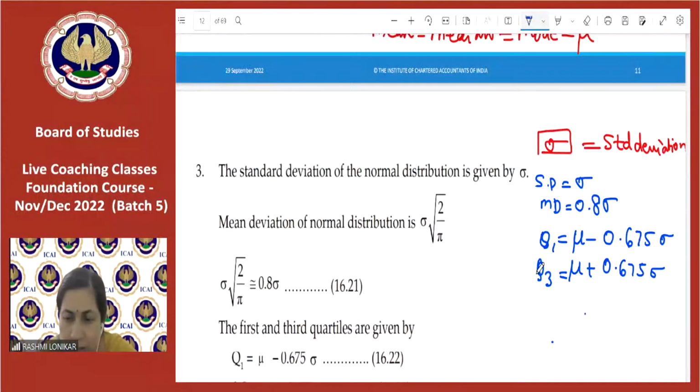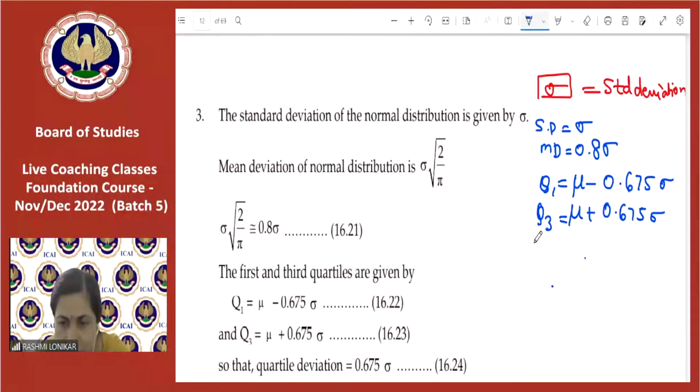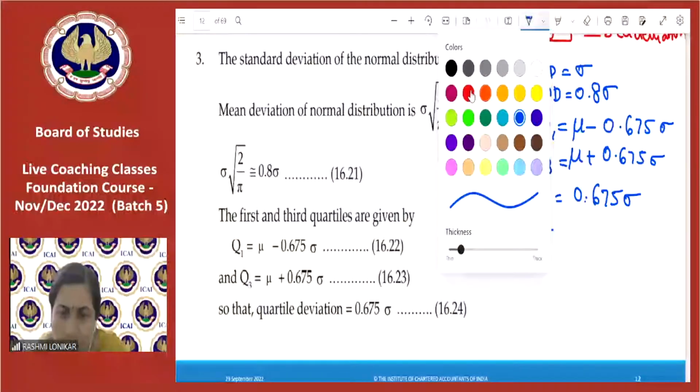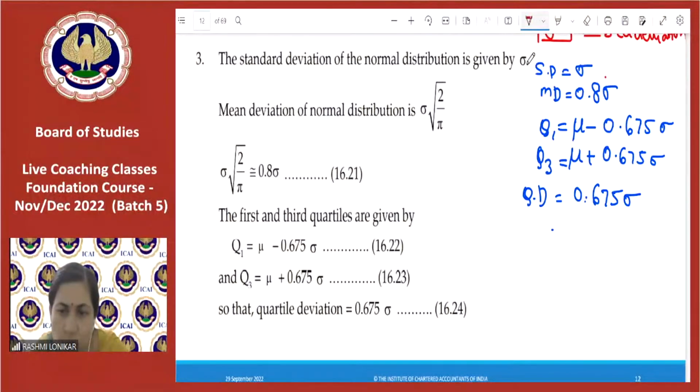Okay. Then we have quartile deviation, which is equal to 0.675 sigma. Okay. These are some of the very important formulae that you should always remember while you're trying to solve sums on normal distribution.